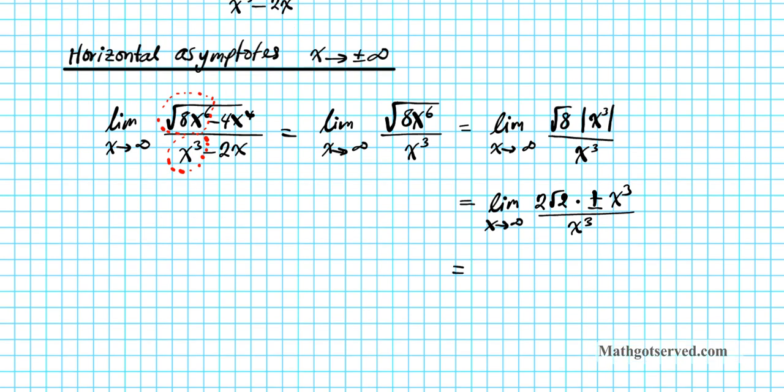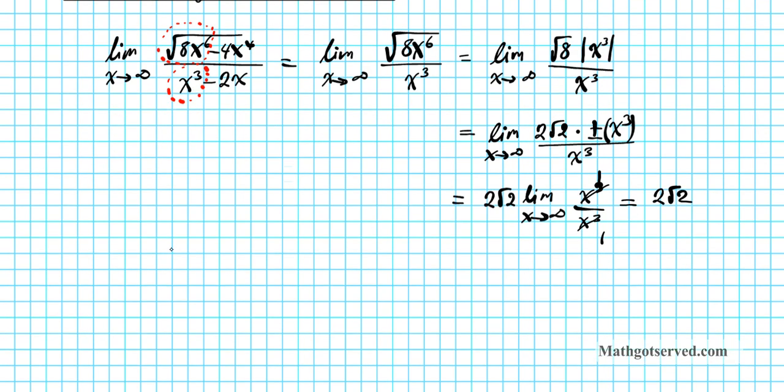So I'm going to write this as 2 root 2 times the limit as x approaches infinity. Since you're going to infinity, it takes the positive sign, so it's positive x to the third over x to the third. This divides to 1, so the entire limit becomes 2 root 2. That's your limit as x approaches infinity. So there goes one horizontal asymptote.